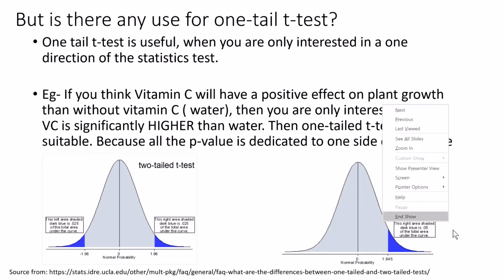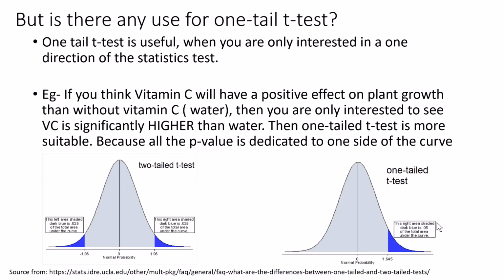You are only concerned about what happens in the positive end. So the one-tailed t-test is more suitable for this experiment because all the p-value is dedicated to one side of the curve, rather than the two-tailed t-test. So you should be using the one-tailed t-test if you know the direction.